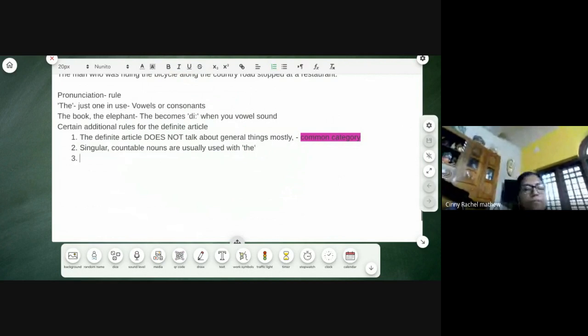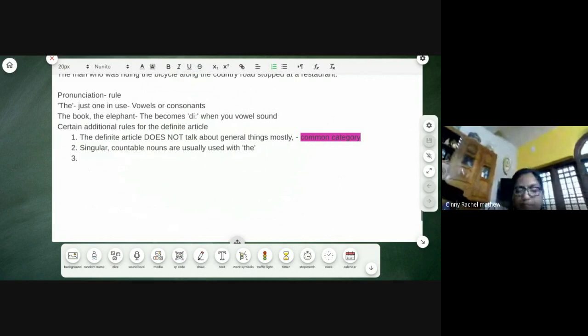And we have just one more rule. Three. A or an, which are the indefinite articles, we use them to speak about a profession, about a particular profession.